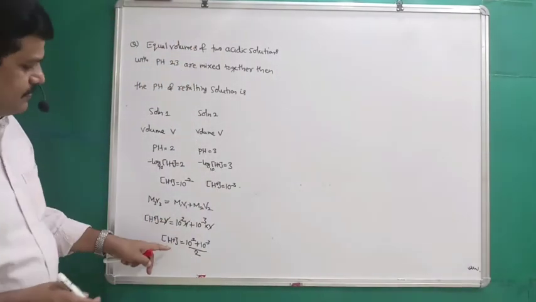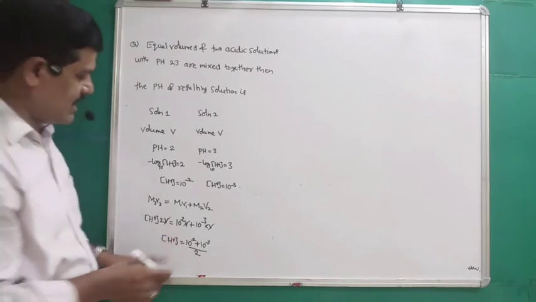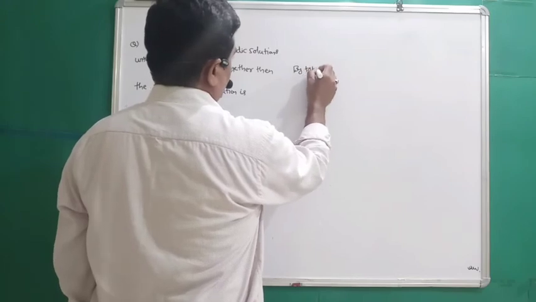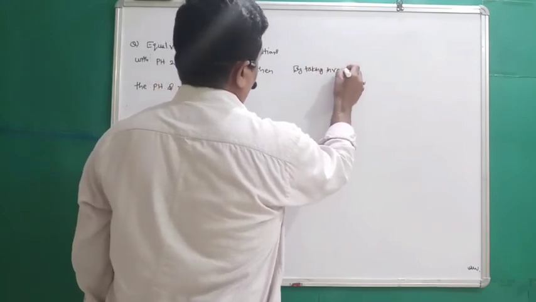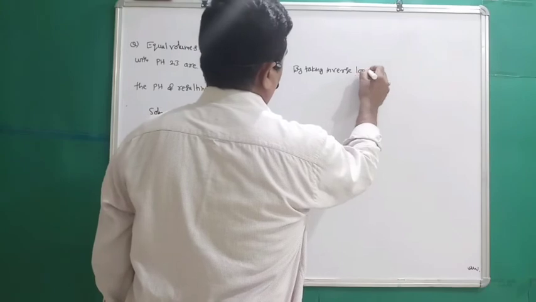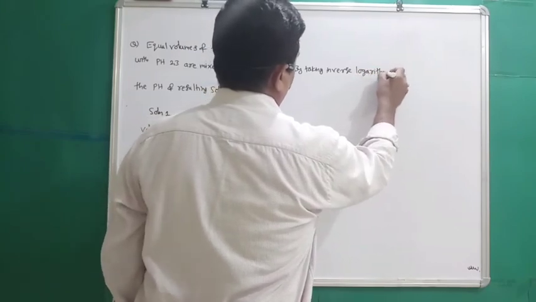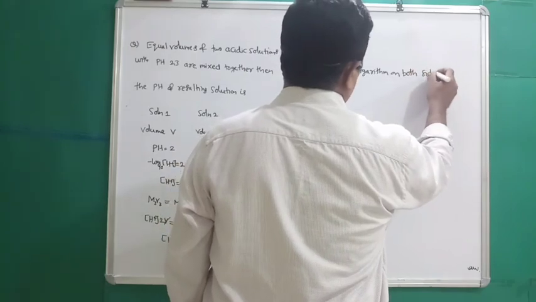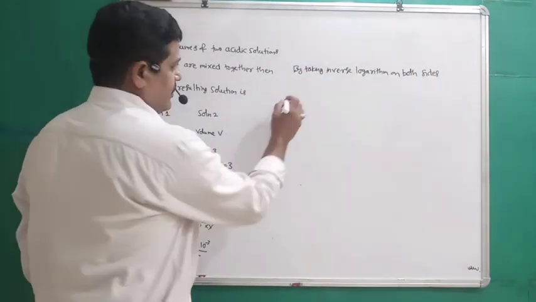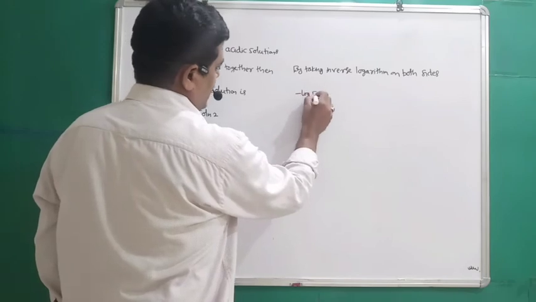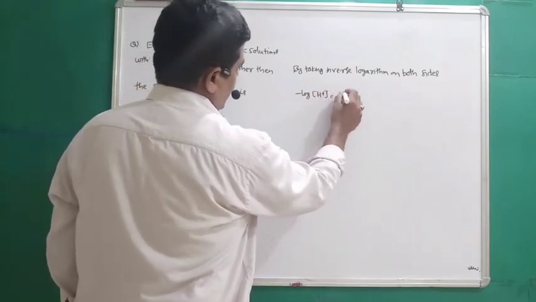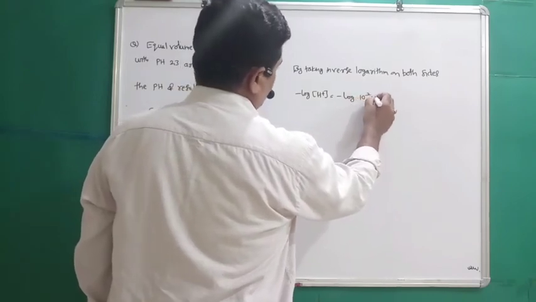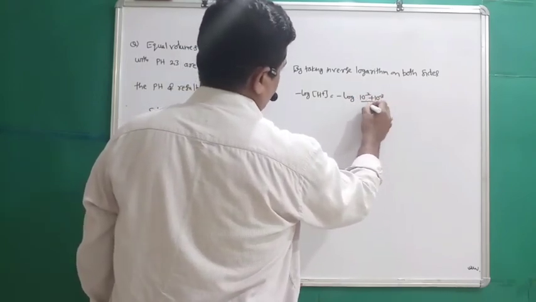To calculate the pH, we need to take minus log on both sides. By taking the logarithm on both sides, on the left hand side we will get minus log H plus is equal to minus log of 10 power minus 2 plus 10 power minus 3, by 2.